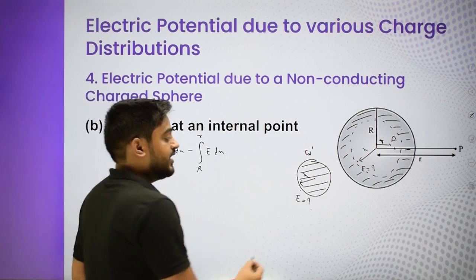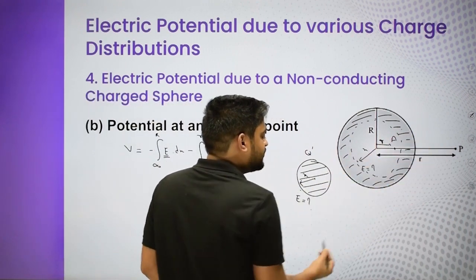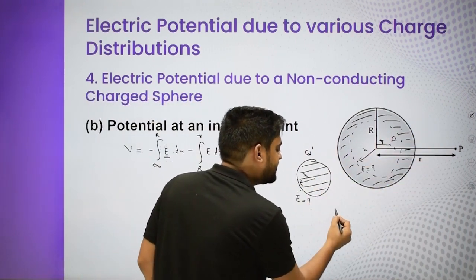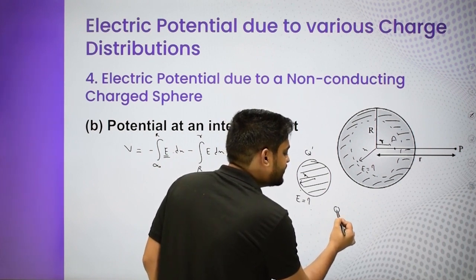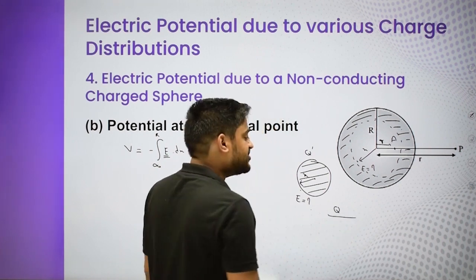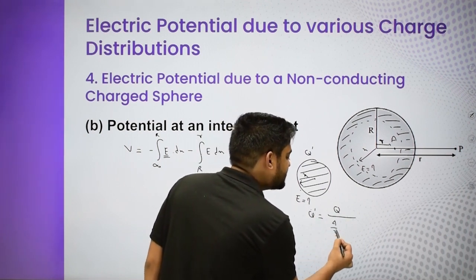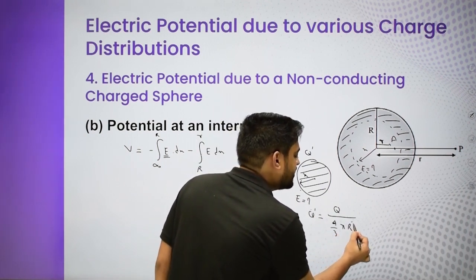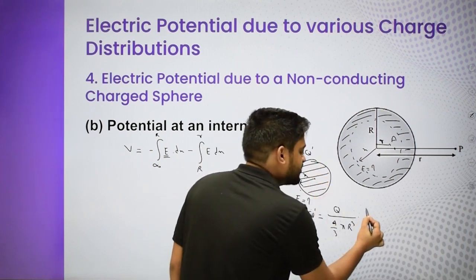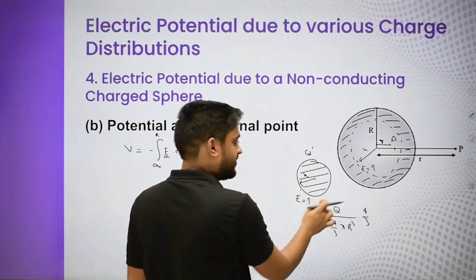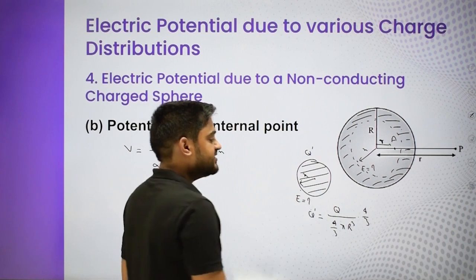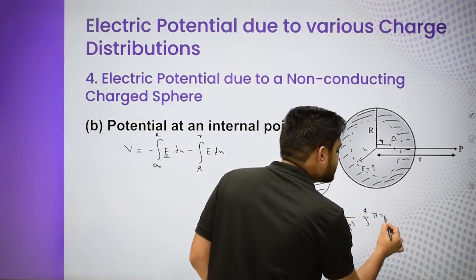The total charge is q, so the charge q dash is total charge upon total volume, which is 4 by 3 pi r cube, times the required volume, which is 4 by 3 pi x cube.